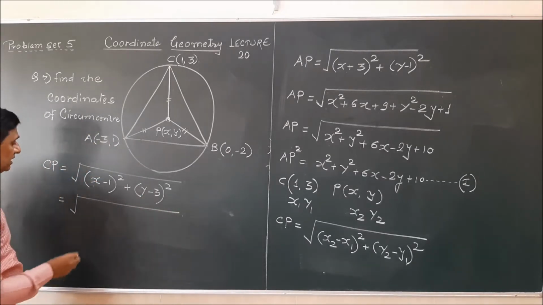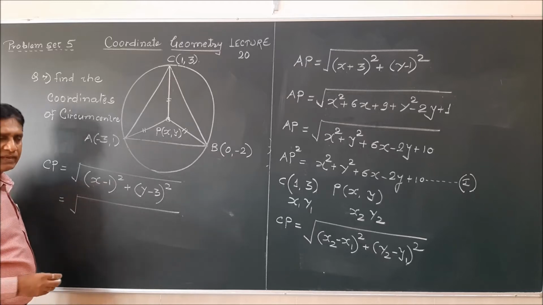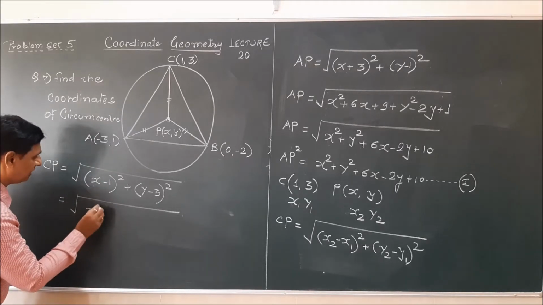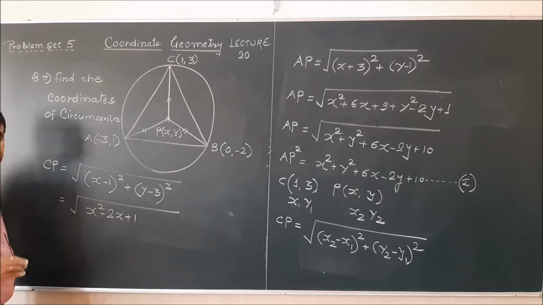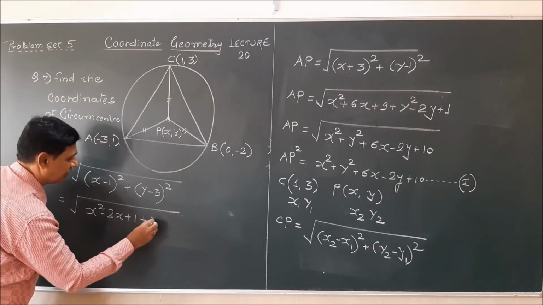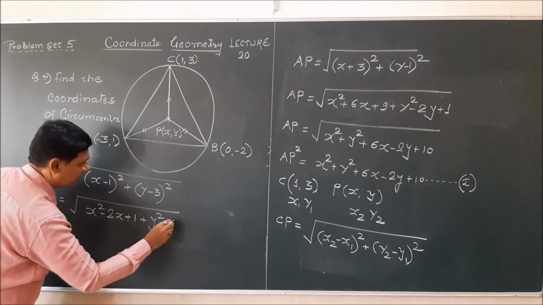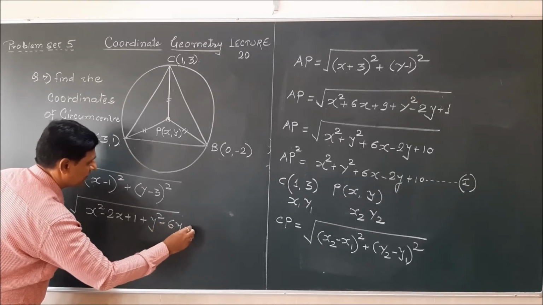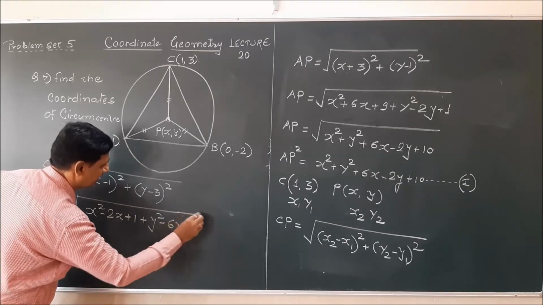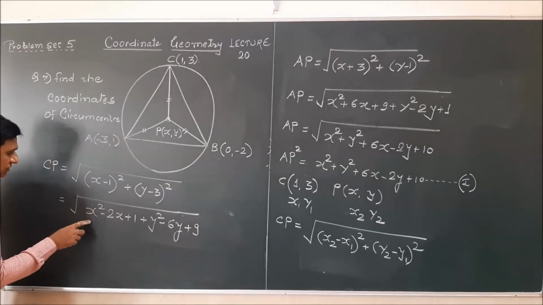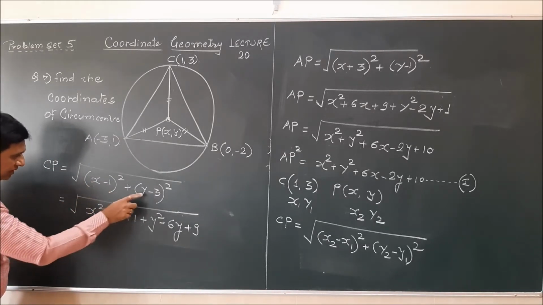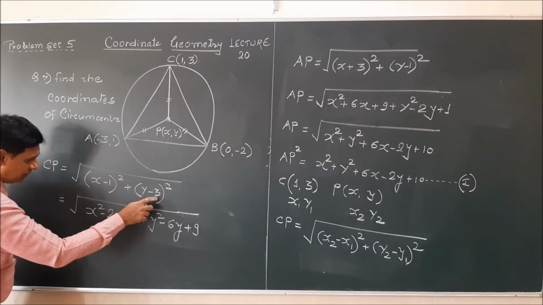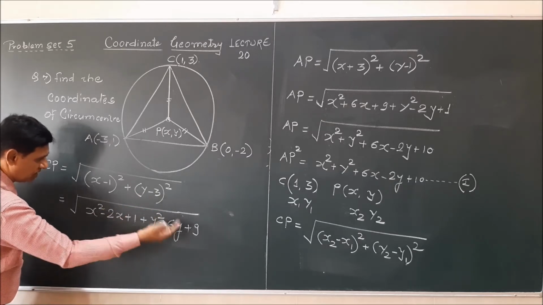That will give us expansion by the a minus b the whole square formula: a square minus 2ab plus b square. I explain this again. A square, that is x square, minus 2ab, and here b is 3, so y into 2, plus b square.